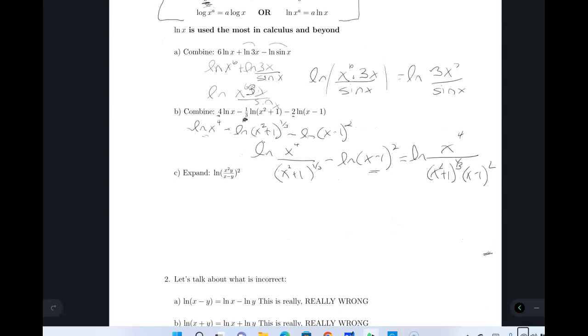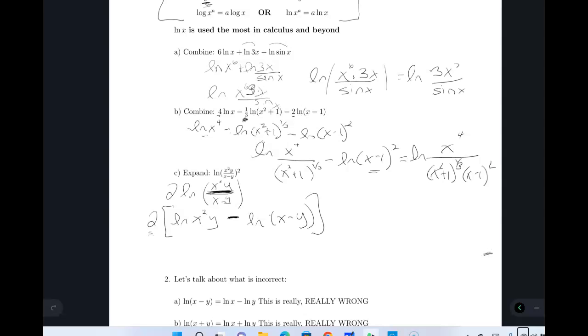Okay, we need to be able to expand as well, so I'm just playing with the properties that we'll use for good reason soon. So I'm going to bring this 2 down in the front. Okay, now I'm going to take this division that's on the inside and make it subtraction. All right, so I'm going to take 2, and because I'm making subtraction, I know this 2 has to be distributed to each of these two terms.